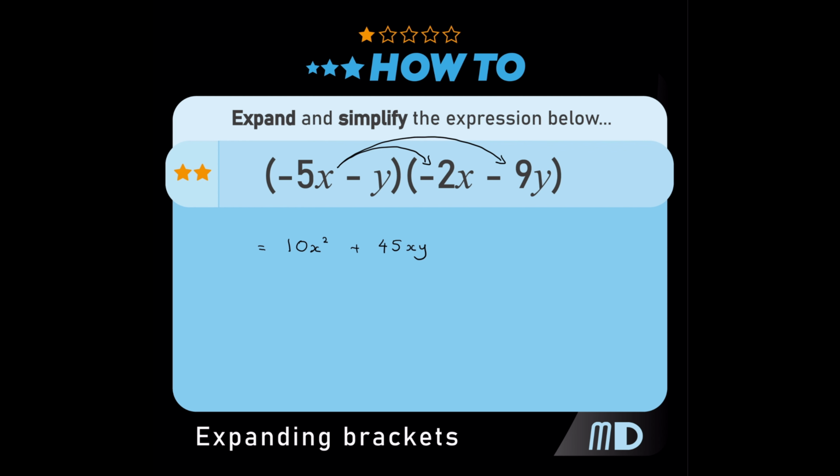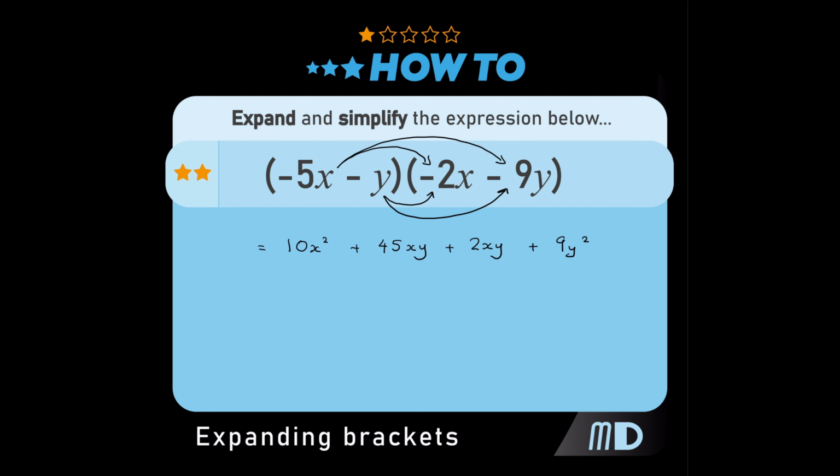Then we multiply minus y by each term in the second bracket. So minus y multiplied by minus 2x is 2xy. And minus y multiplied by minus 9y is 9y squared.